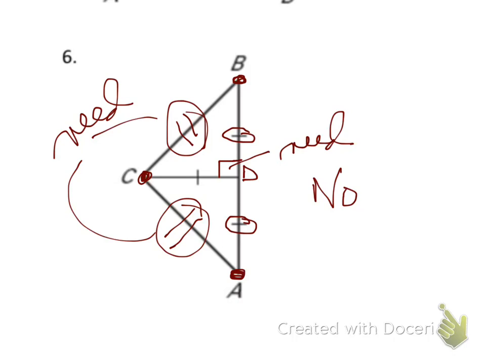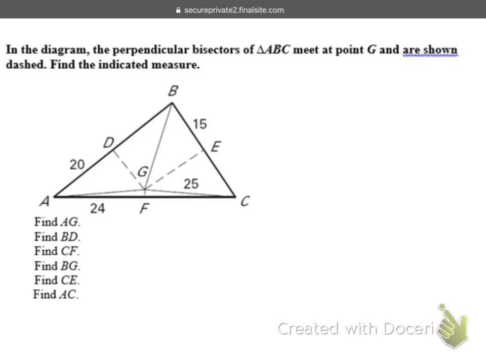All right, we're going to do the last question, which deals with a triangle with its perpendicular bisectors of each side and what happens in that situation. Okay, in this last question, they are telling us that the perpendicular bisectors of ABC meet at point G and are shown as dashed lines.